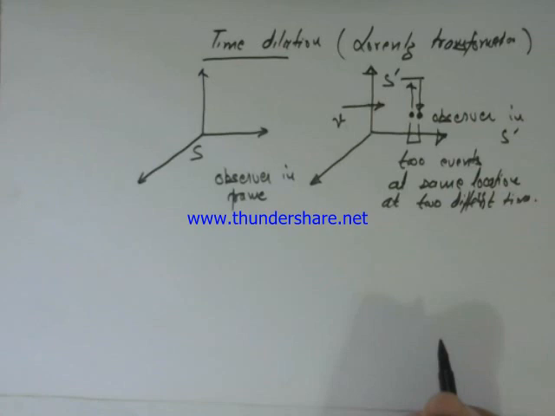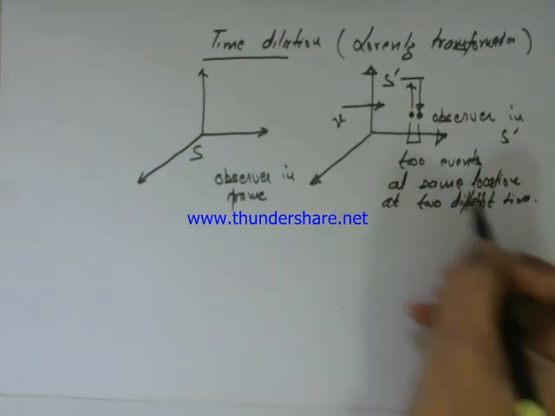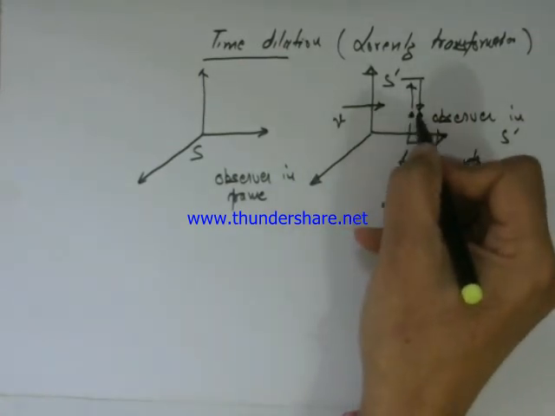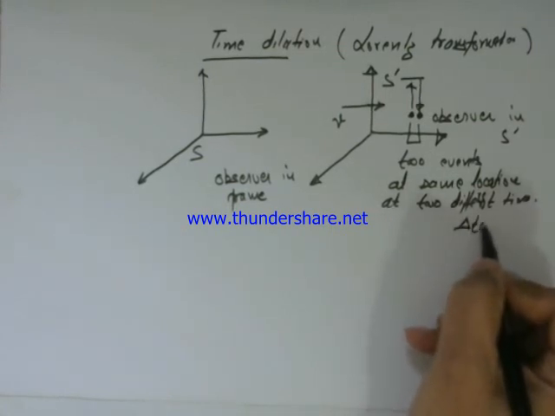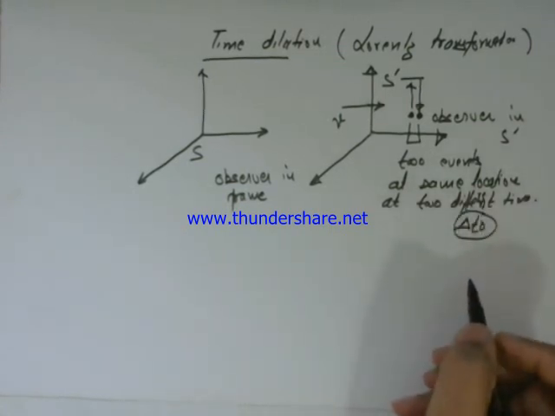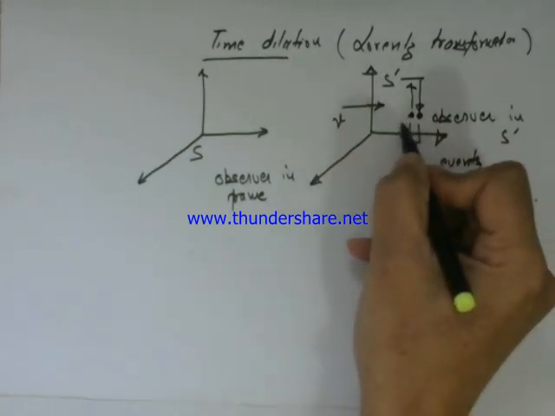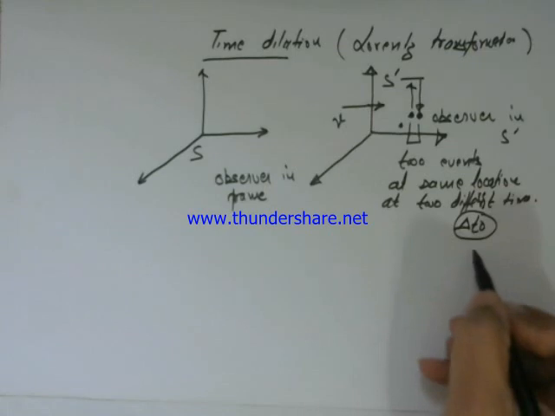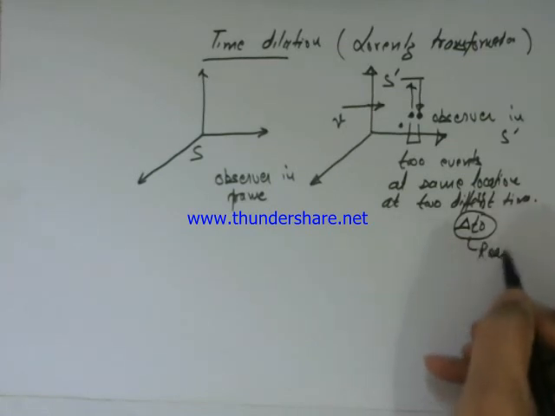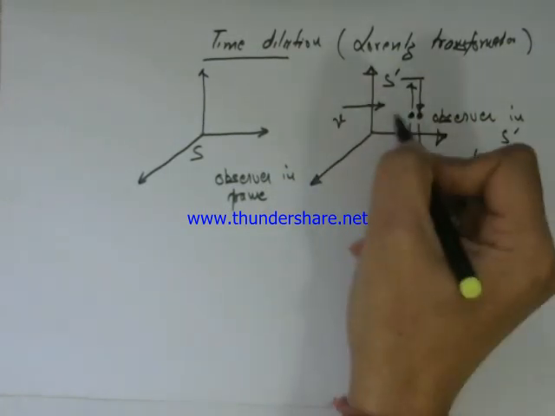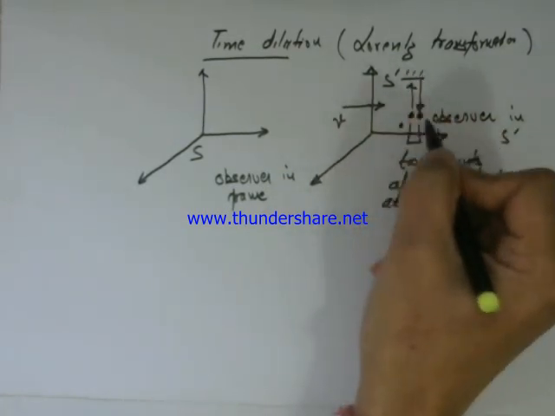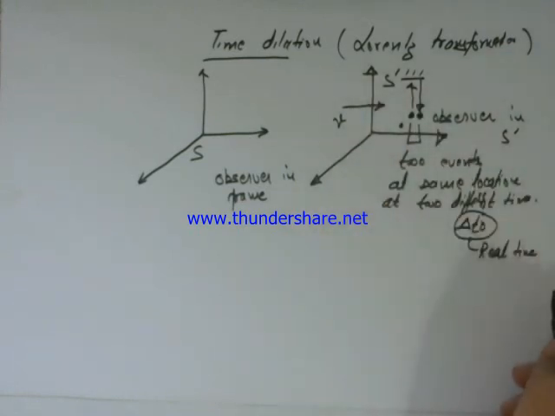Same location but two events, and there will be a time elapse delta t0 between these events, and since we are measuring at the same location, we call it the real time, where the two events could be a pulse being generated, being reflected by the mirror, and the pulse coming back.